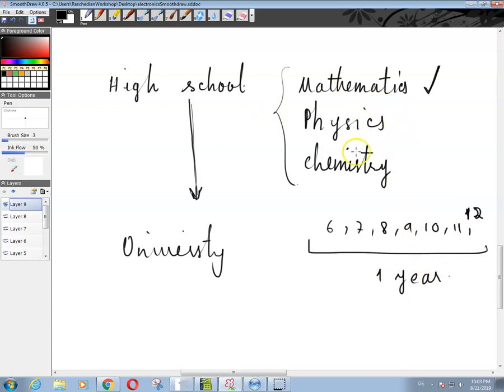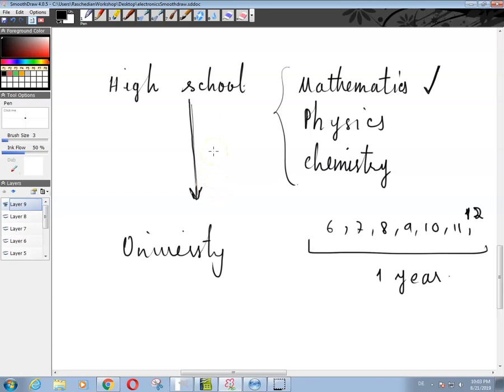Then there is the physics. The physics and chemistry would take you at least a year or so to complete as well. This is something that I'm doing, and eventually, hopefully, this will be completed after a few years.